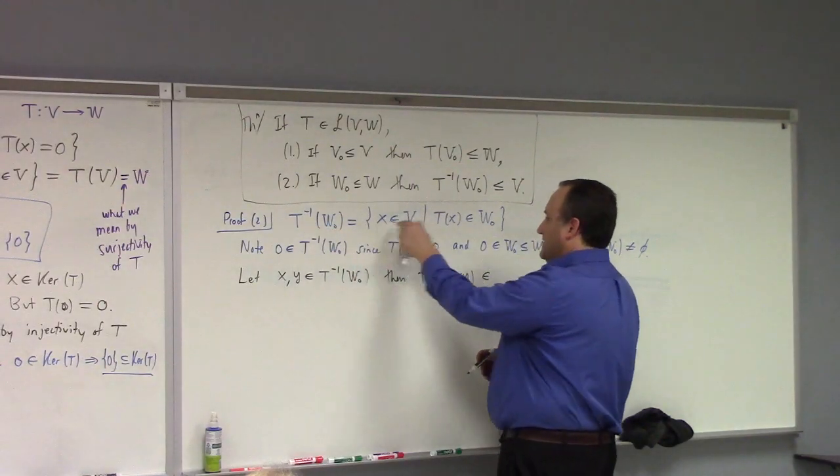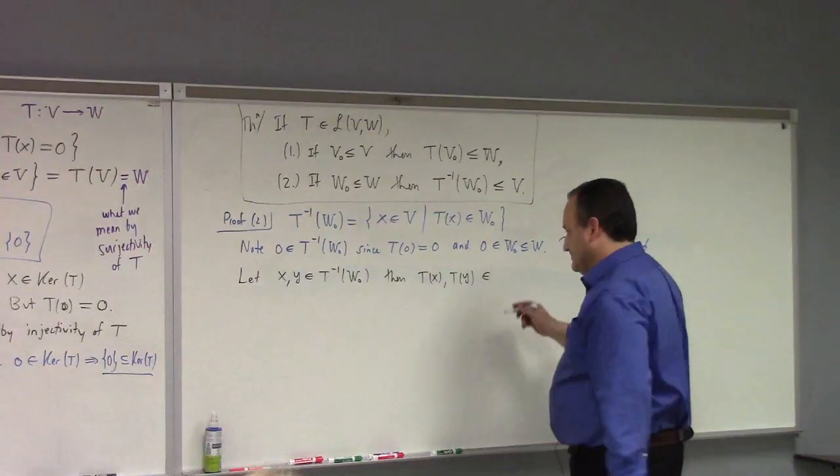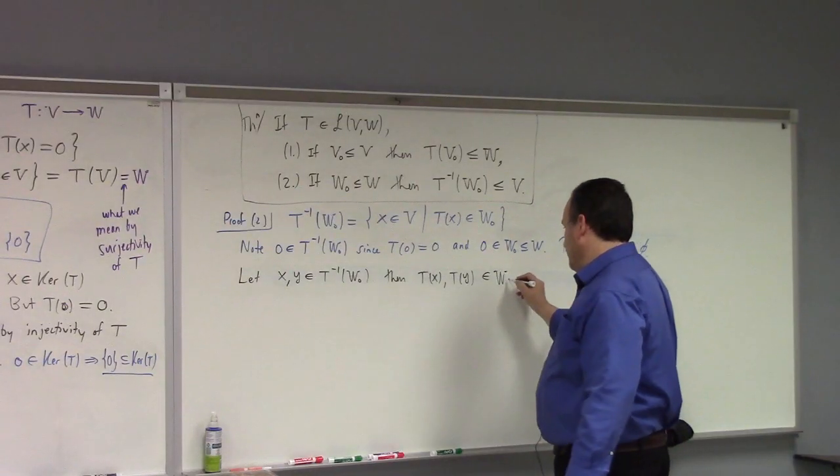X in here means T of x is in W naught. So these are both in W naught.